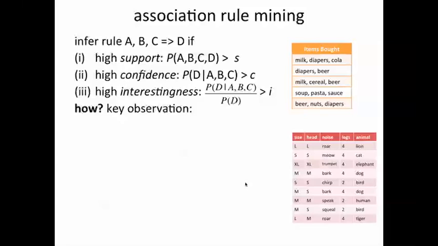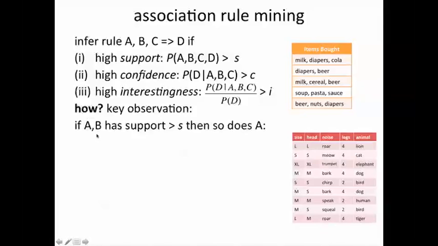The key observation to getting an efficient algorithm for association rule mining was made by Agarwal and Srikant in the 90s. That observation was that if a combination A and B has support greater than S, that means it occurs more than, say, S times in the data, then so do A and B individually, because otherwise the combination A and B would not occur more than S times.